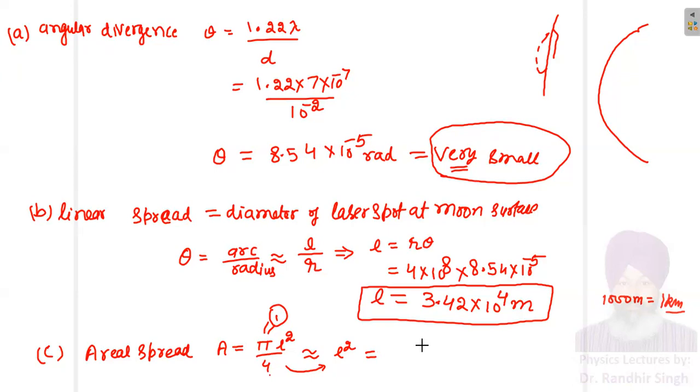So that will be simply equal to 3.42 into 10 raised to power 4 meter squared, and if you solve it, it will become 11.7 into 10 raised to power 8 meter square. So this laser light will spread over this much area on the surface of the moon.